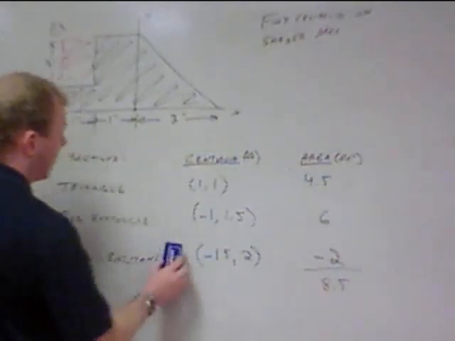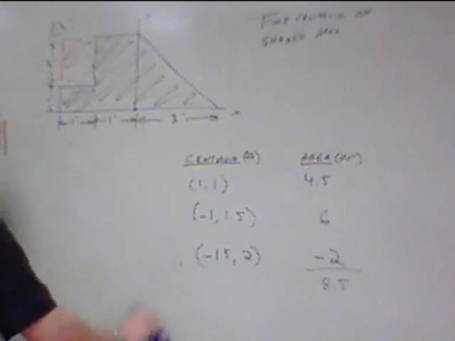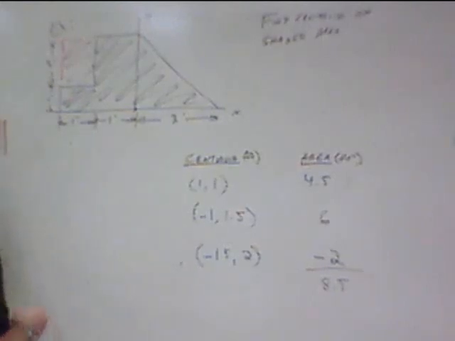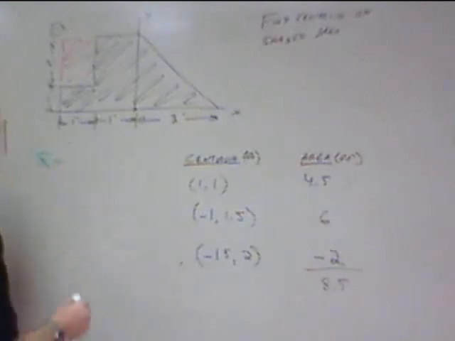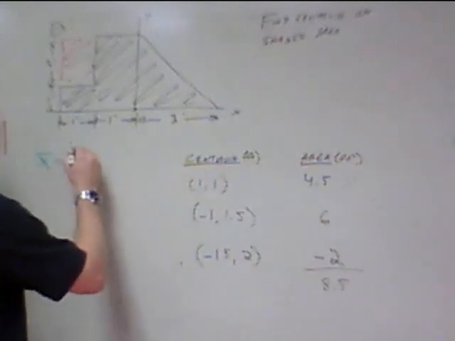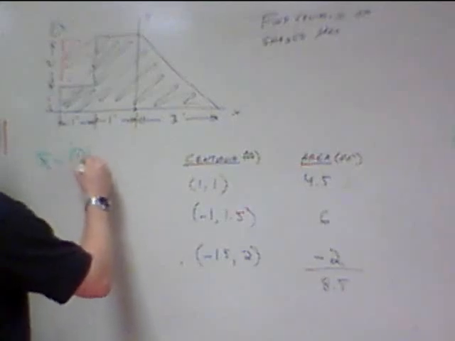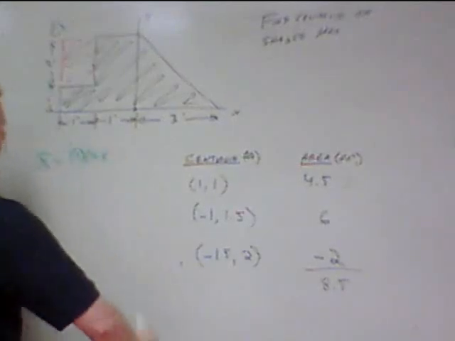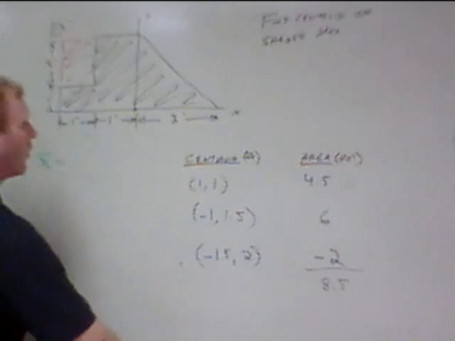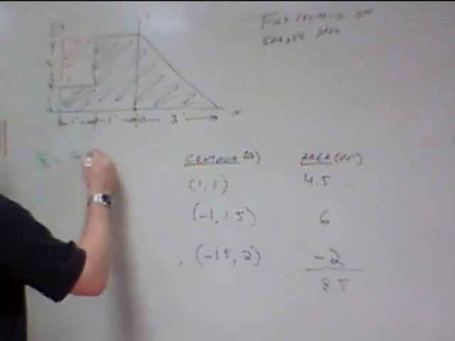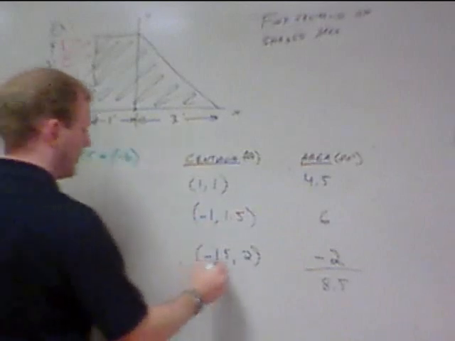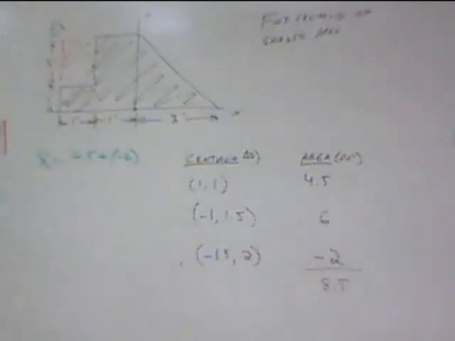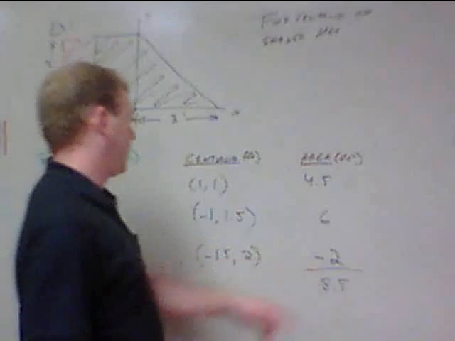And I can do my weighted averages the same way I did before to get my centroid. So x centroid is going to be 1 times 4.5. Just combining these is going to be pretty straightforward. 1 times 4.5 is 4.5, plus negative 1 times 6 is negative 6, plus negative 1.5 times negative 2.